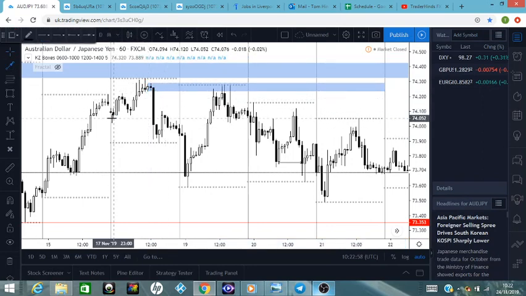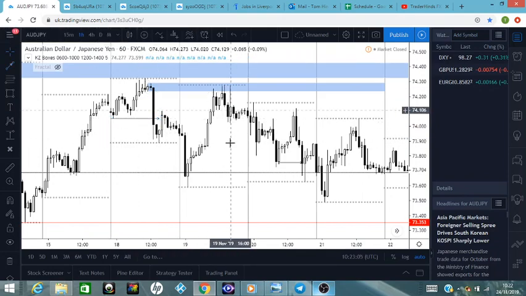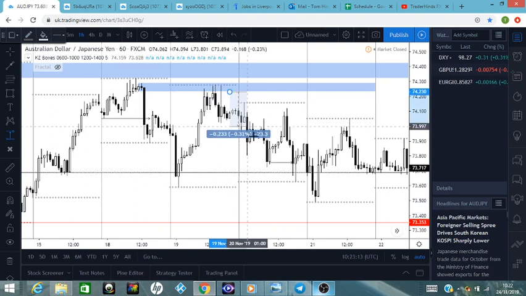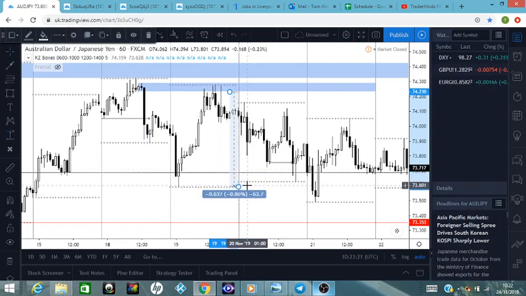I was comfortable seeing this level broke, that the bears were in power. We returned to origin, and I was involved in a sell from this level, and I wanted to trade it down to that day's low, which was 63 pips.